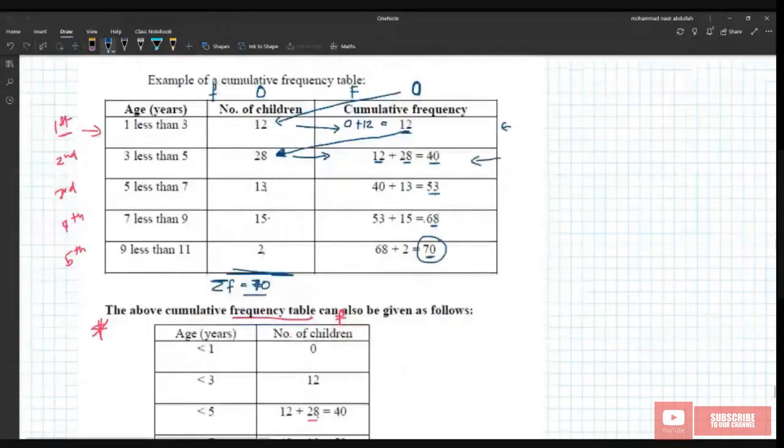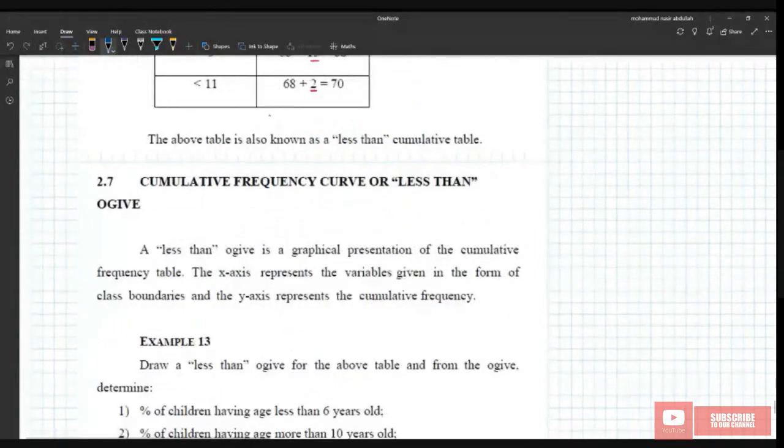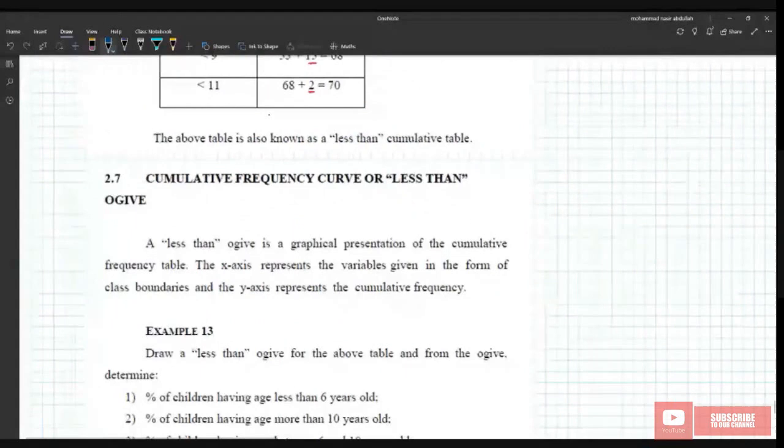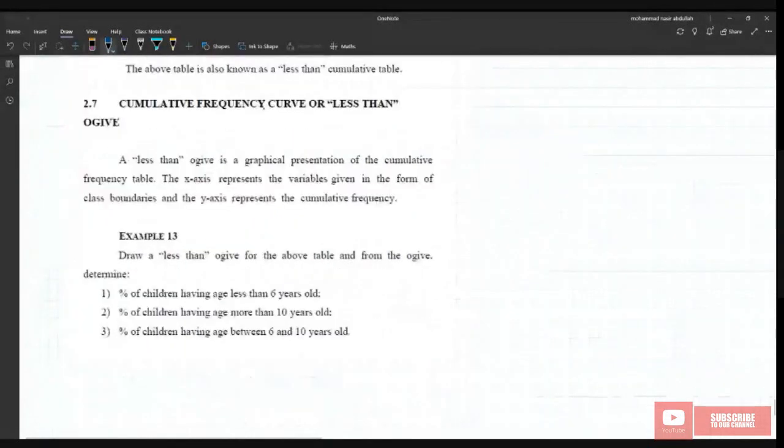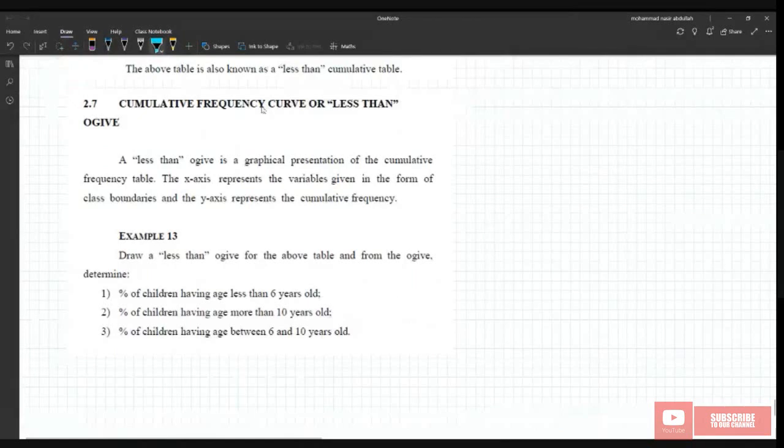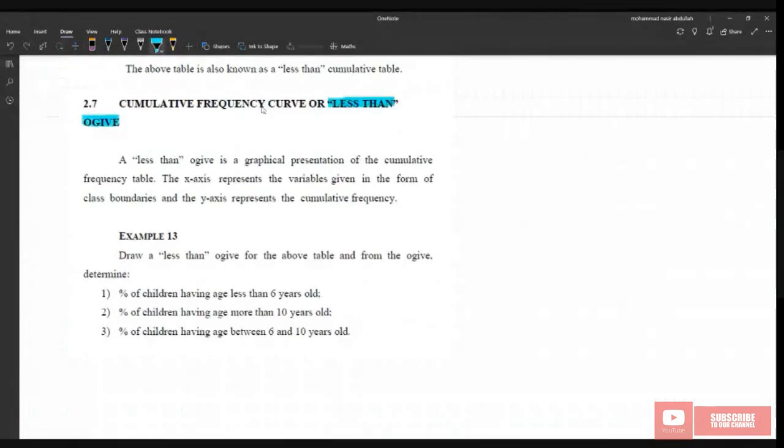Right. If you're okay, then we move to the next topic, which is the cumulative frequency curve or less than ogive. We will start with the less than ogive. We will not focus on the more than ogive. In this subject, we only focus on the less than ogive. A less than ogive is a graphical presentation of a cumulative frequency table.